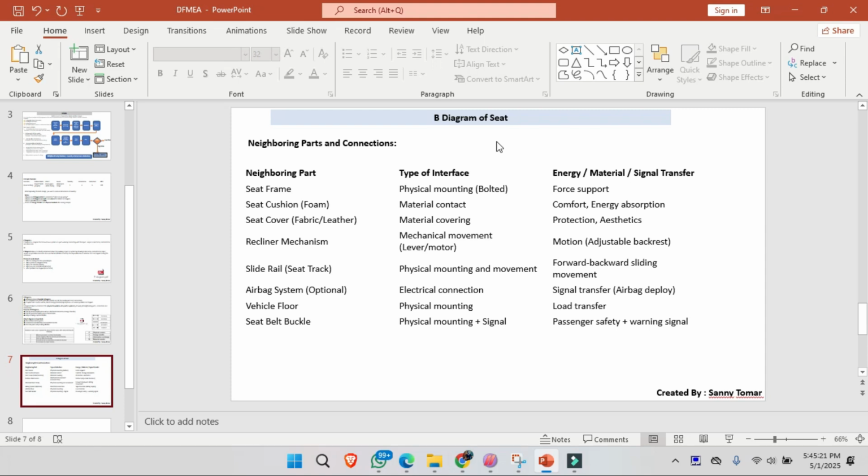I also explain an example of the B diagram for the seating system. The neighboring parts of the seating system are the seat frame, seat cushion, seat cover, recliner mechanism, slider, airbag system, vehicle floor, and seat belt buckle. What are the types of interface for all the neighboring parts of the seating system?